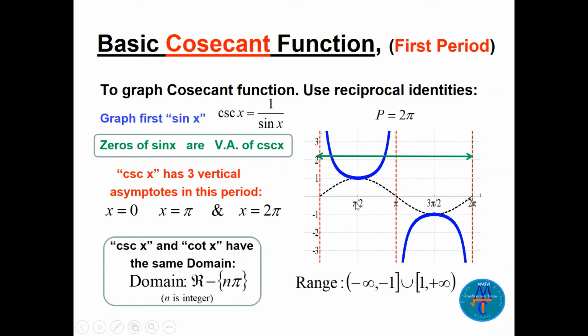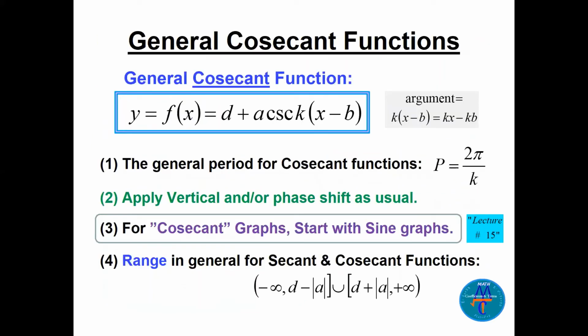So the range of the cosecant will be from -infinity to -1 closed, union 1 closed to infinity, without shifting. And now the domain: all real numbers except n pi. Now the general cosecant is d plus a cosecant of kx minus b.